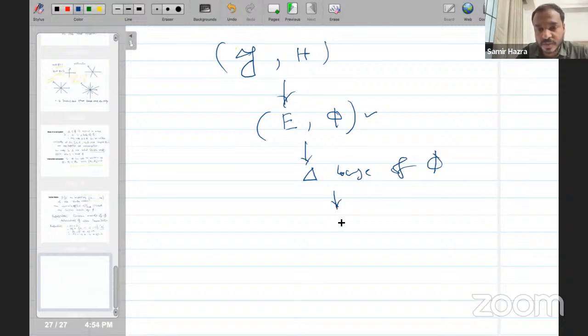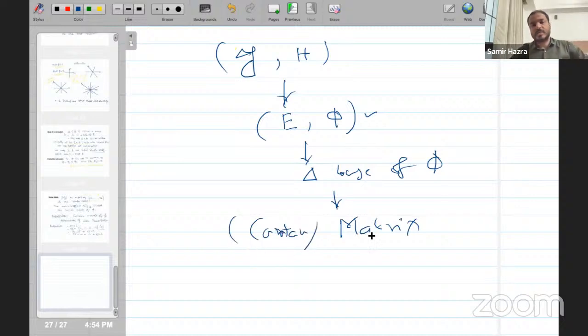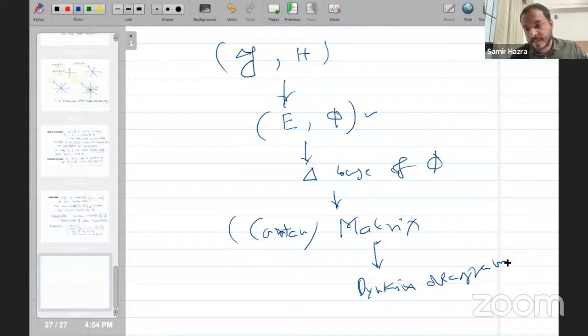So it's a Cartan matrix. We understand matrices better, right? So from a semisimple Lie algebra, we have arrived at a matrix. From the matrix, we will arrive at some diagram called the Dynkin diagram.